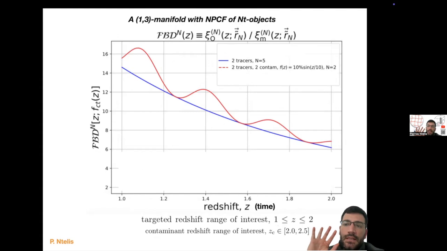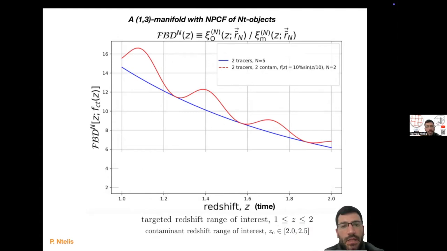And this gives us the information about the bias and the growth of structure, given in blue. This is when we look at 5 galaxies at the same time as a correlation. Now, the red curve tells us about the contaminants in our sample. And basically here we consider a sinusoidal function, and that's why we have a sinusoidal part in our graph. And you see here, the more contamination we have, this value of FBD is higher.